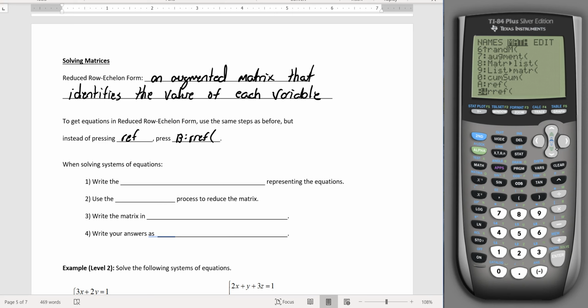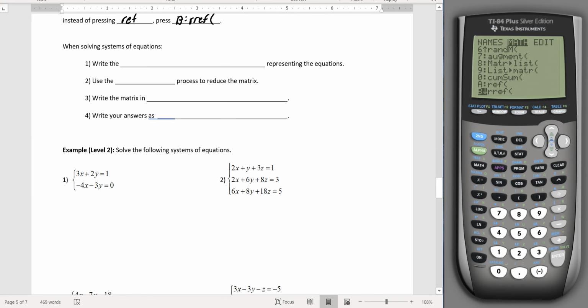So I want to show you that process. So when solving systems of equations, first thing is write the augmented matrix representing the system. Next thing, use the RREF process to reduce.